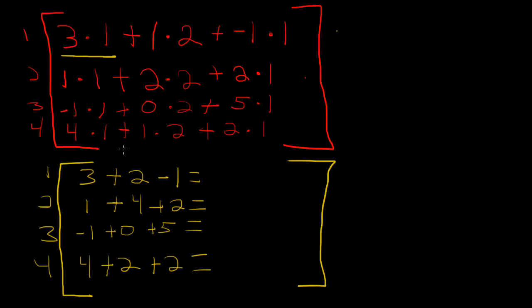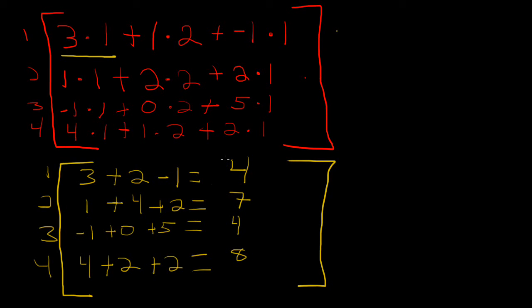So 3 plus 2 is 5, minus 1 is 4. 1 plus 4 is 5, plus 2 is 7. -1 plus 0 is nothing, so it's -1 plus 5. Well, 5 minus 1 is going to be 4. 4 plus 2 is 6, plus 2 is 8. 4, 7, 4, 8.